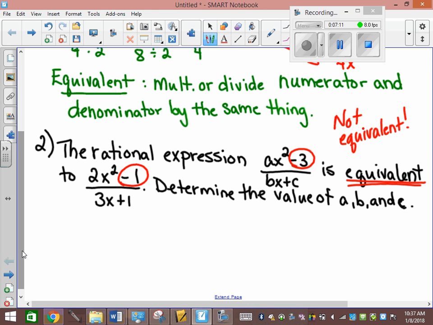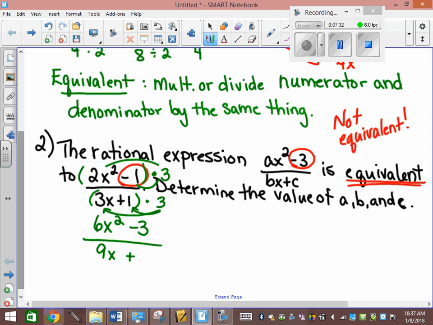So, multiply by 3. Because it says equivalent, what does that mean? Do it to the bottom. So, I'm going to have 6x squared minus 3 over 9x plus 3.